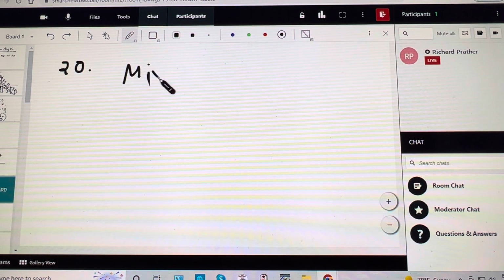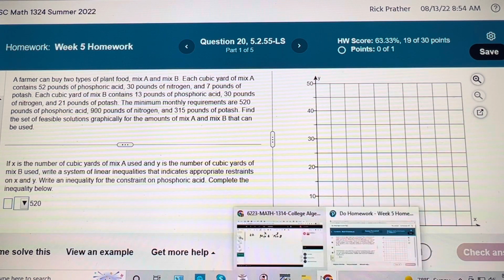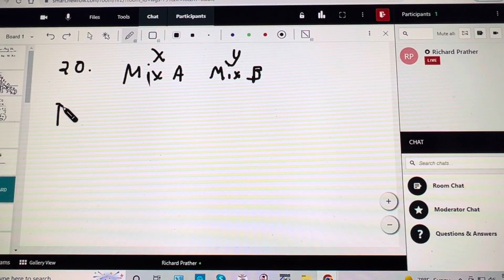Mix A, mix B. This is the X and the Y variables. Each cubic yard of mix A contains 52 pounds of phosphoric acid. I'll just call that PA, phosphoric acid.